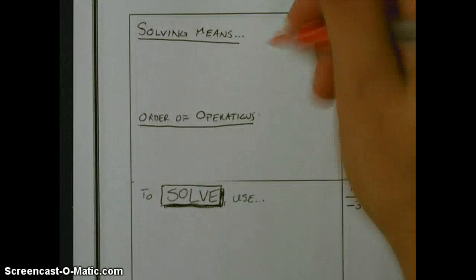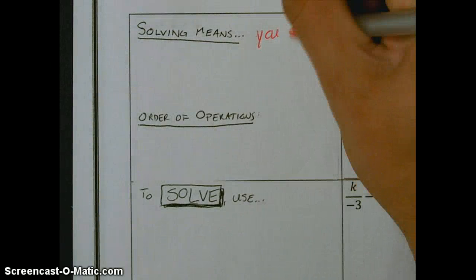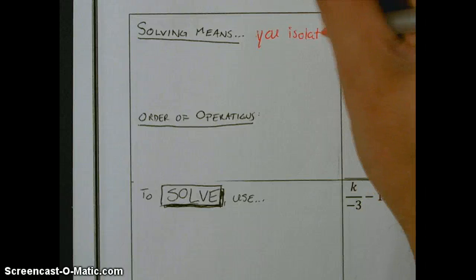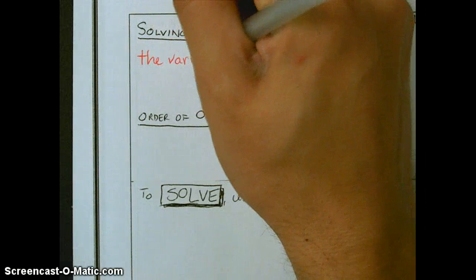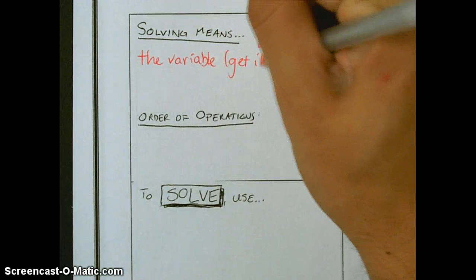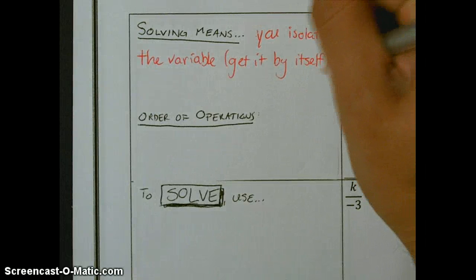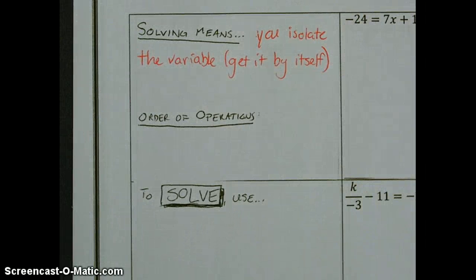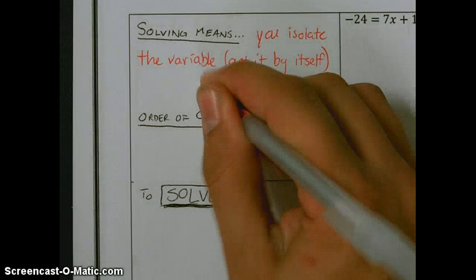So we're going to say solving means that you isolate the variable, which means you get it by itself. It's all alone. So we want the variable all by itself. For example, let's use, how about k?